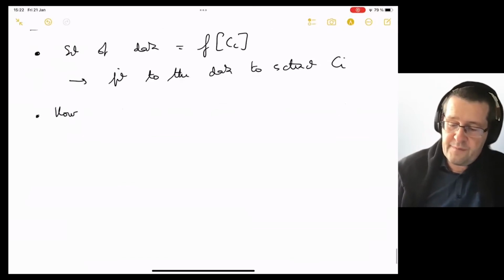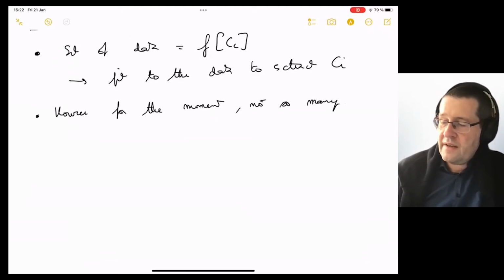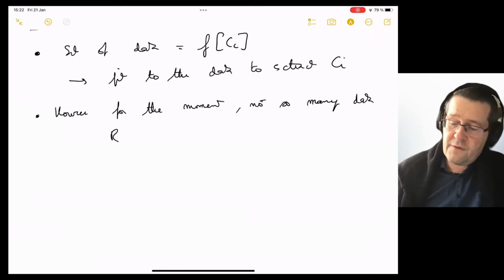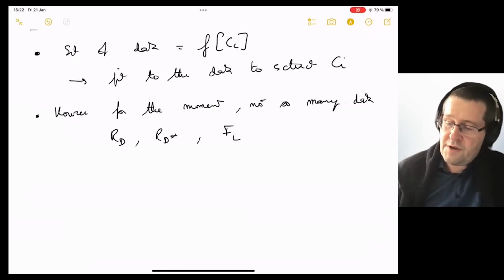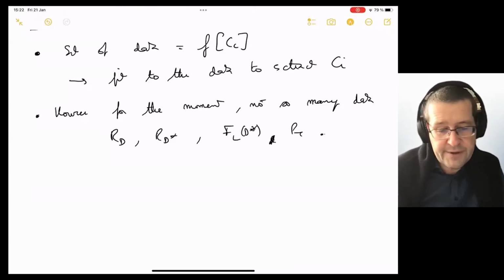However, for the moment, there are not so many data, because as I said, you've got this RD star, this polarization of the D star, this polarization of the tau, and not much more for the moment.